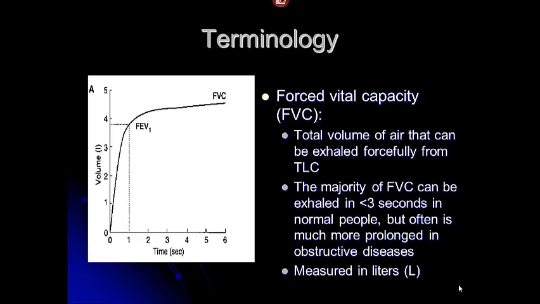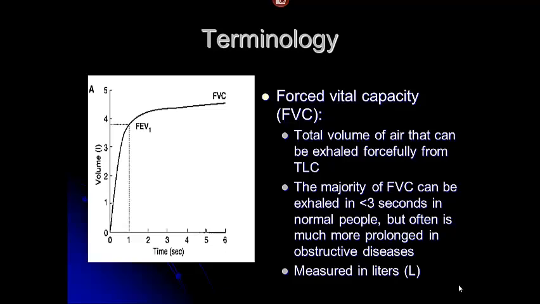Examples of those could be pectus excavatum, pectus carinatum, scoliosis, lordosis, kyphosis. So any rib cage orthopedic abnormalities would give you restriction in ventilation.